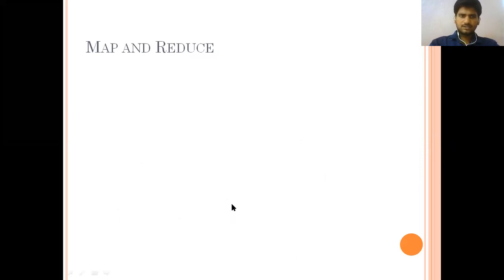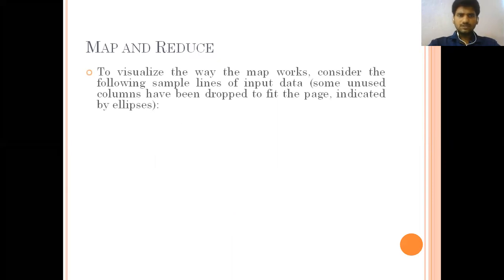Next, to visualize the way the map works, consider the following simple lines of input. Some unused columns have been dropped, indicated by the ellipses. We said this in the previous classes.